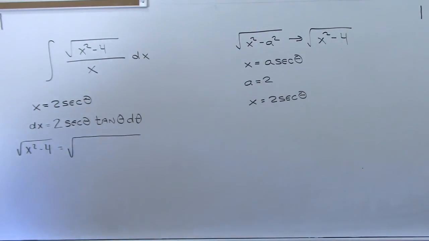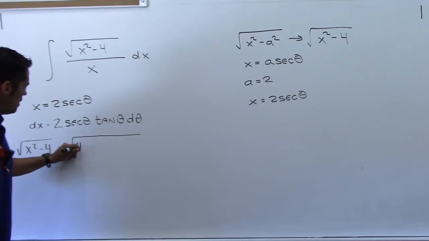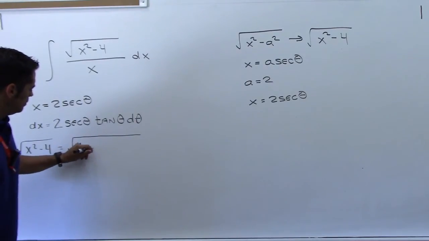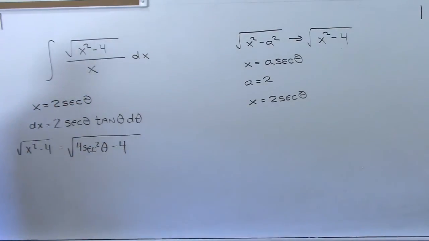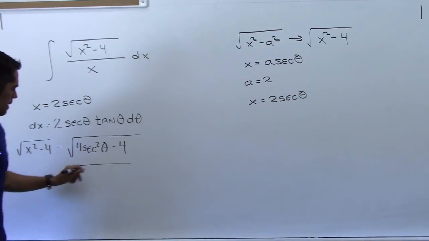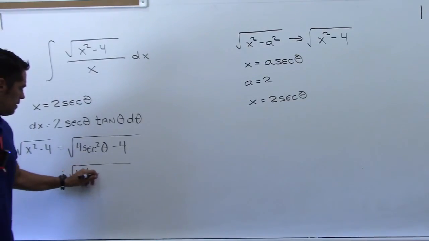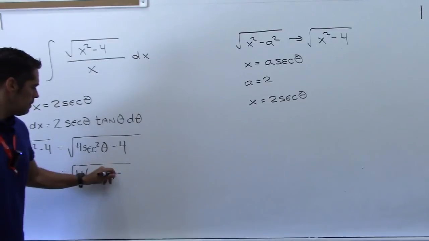Square root of x squared minus 4 will be square root of, let's see, you want to do this one, Kiki? 4 secant squared theta minus 4, and that's using this, just squaring that. And you take the 4 out and it becomes secant squared minus 1, which equals tangent squared. Yep, this is 4 tangent squared.